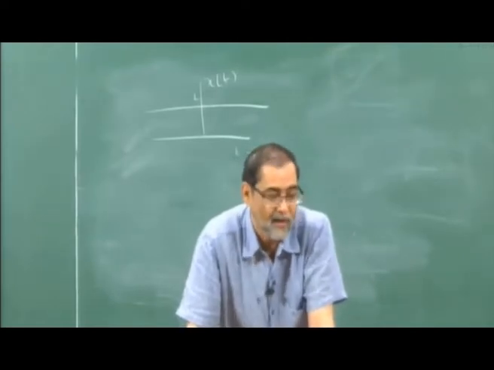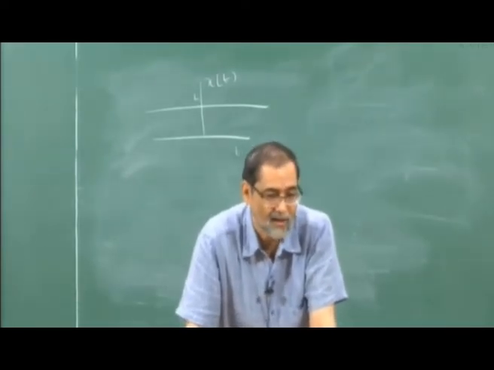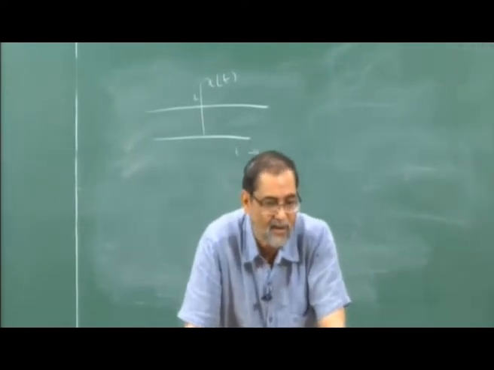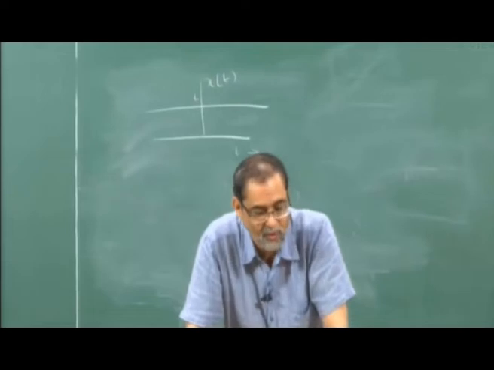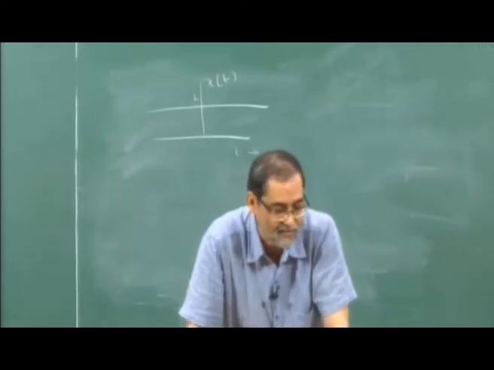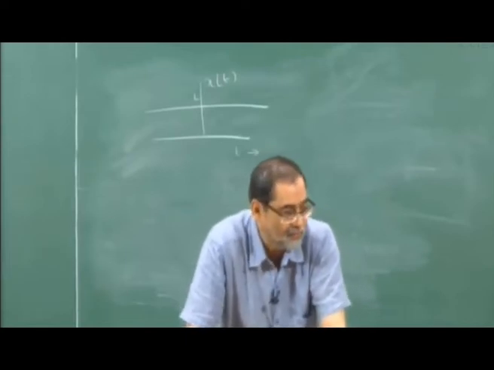The integration doesn't exist, and what you are saying seems to be something like that. A constant with a step function is like a step function convolved with u of minus t, which doesn't exist. So my answer is no, right?